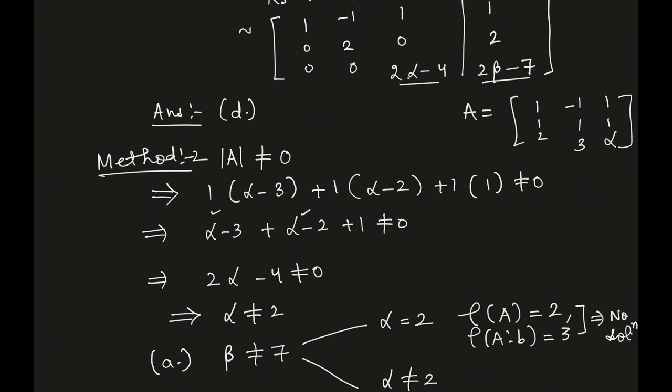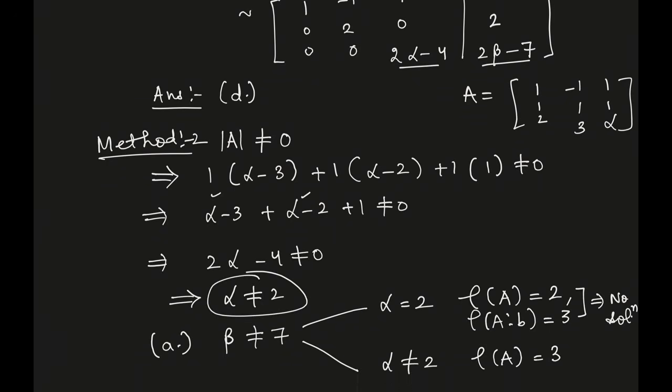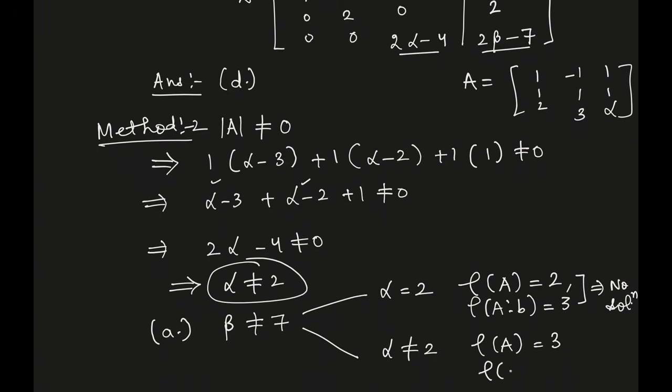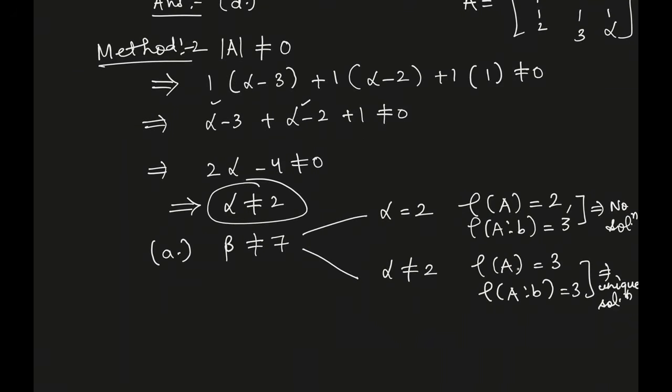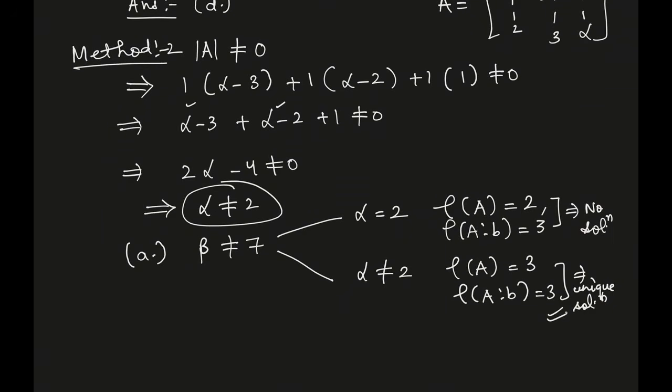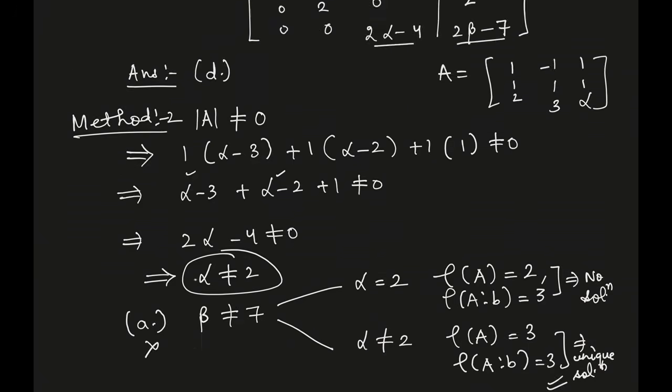But if alpha is not equal to 2, then rank of A will be 3 and augmented matrix rank will also be 3. This implies unique solution. And the option was saying no solution whenever beta is not equal to 7, but we are getting a case when a unique solution exists. So option A is discarded.